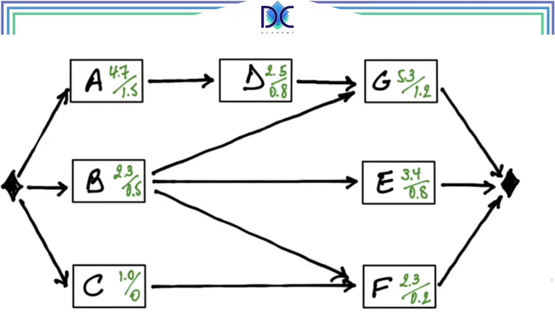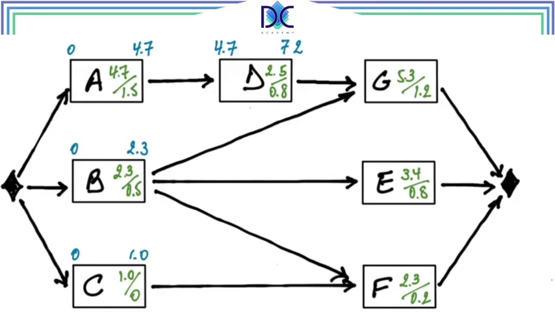Now when we are using this and we are starting from 0, we can just use the same calculations like we did on the activity on the arrow method. So we start from 0, A starts at 0, finishes at 4.7, B starts at 0 and finishes at 2.3, C from 0 to 1, and now we can calculate the start and the finish times for D, which are 4.7, and 4.7 plus 2.5 gives us 7.2.